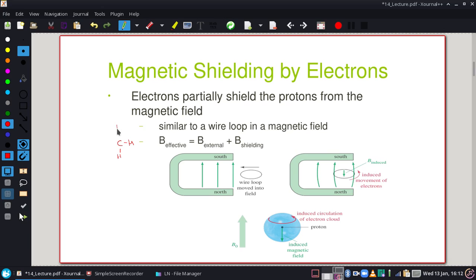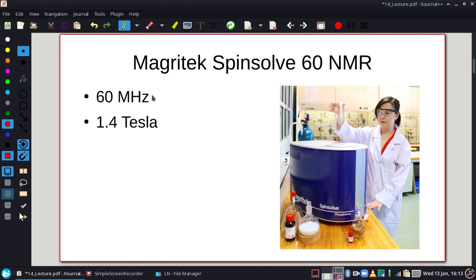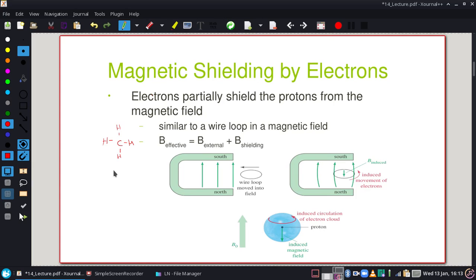So what I mean by that, if we were to look at something like a carbon-hydrogen bond in methane, because the electronegativity is about the same, or the electronic structure around the hydrogen is very close to what we get for a raw hydrogen, we would expect to see this close to that 60 megahertz in frequency. So this is going to resonate right around 60 or so.